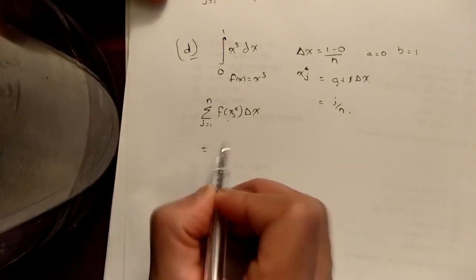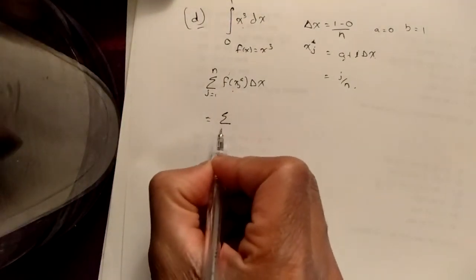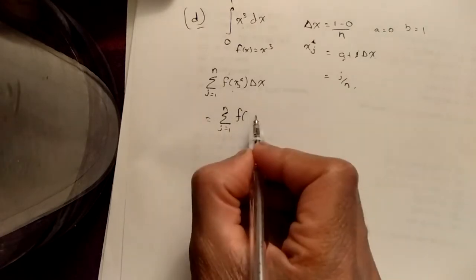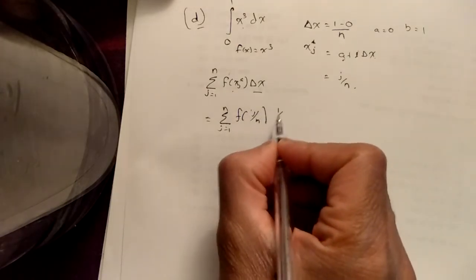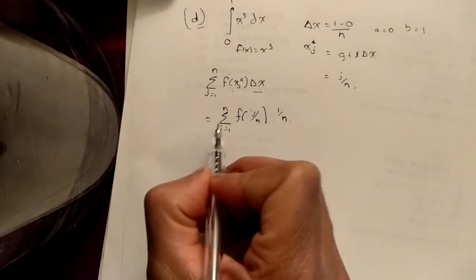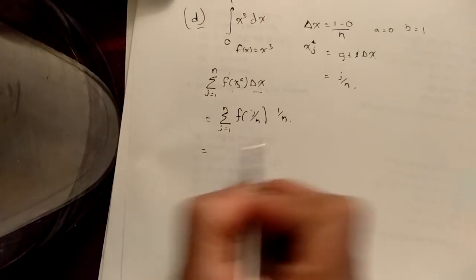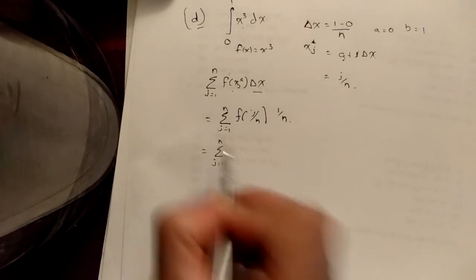So accordingly we will have the sum over j from 1 to n of f of j over n, and multiplied by 1 over n. Now you can write another step, the sum over j from 1 to n.